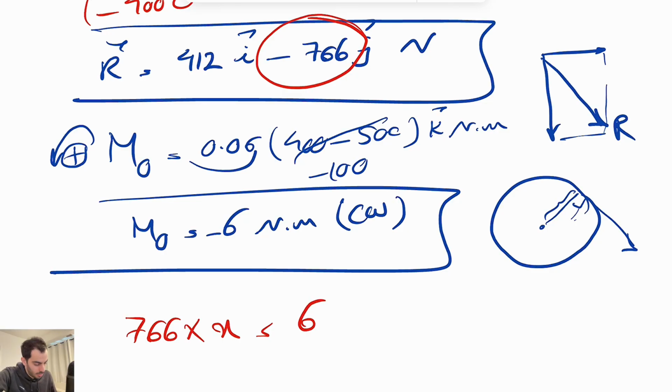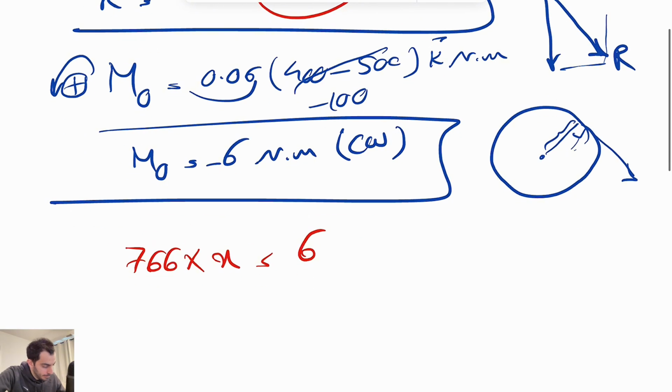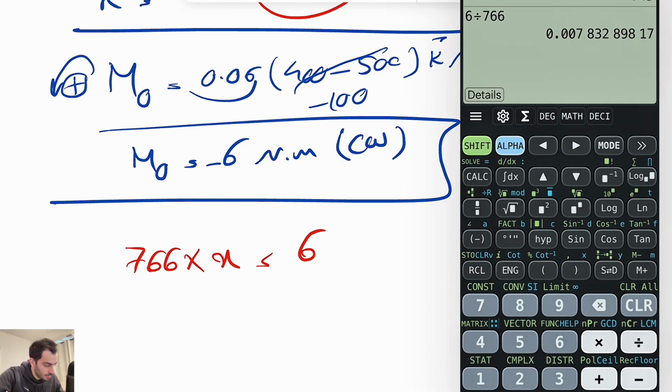So we can find our x: 6 divided by 766 gives us x in meters, so we multiply by 1000, and we get 7.83 millimeters.